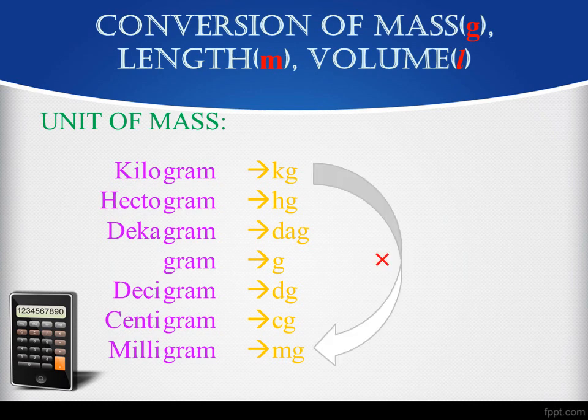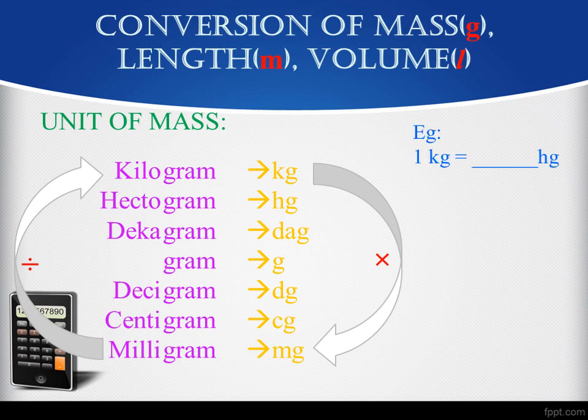When you convert from the biggest unit to a smaller unit, we have to multiply by 10 at each interval. When you convert from a small unit to a bigger one, we have to divide by 10 at each interval.